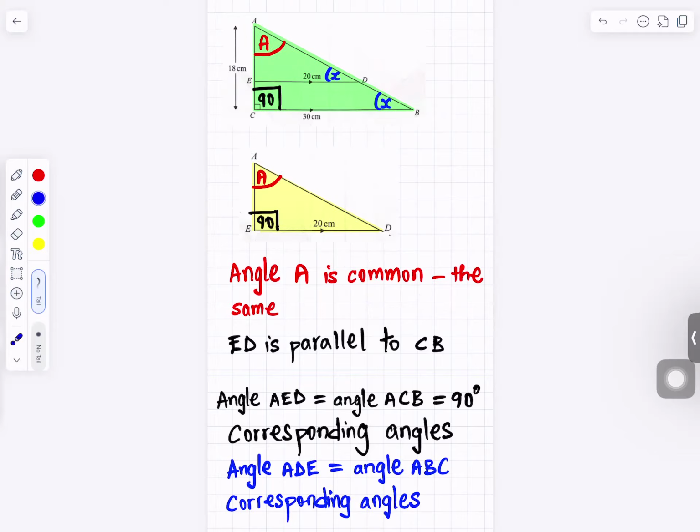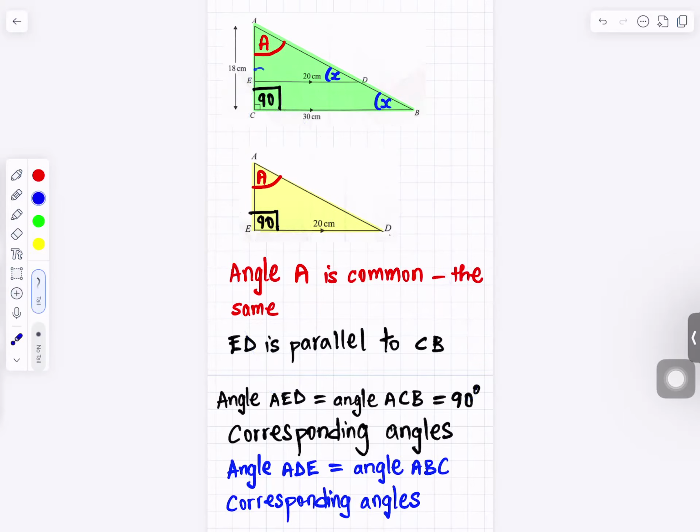What else is the same between the two triangles? ED is a parallel line there. So angle AED, which is this angle there, is 90 degrees. And the other one, angle ACB, is 90 degrees.